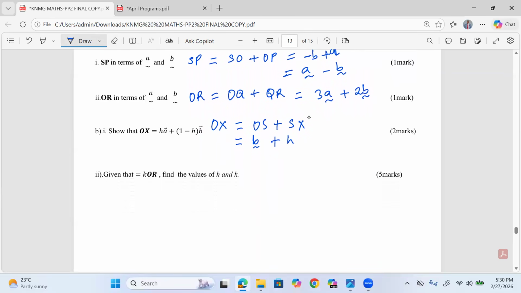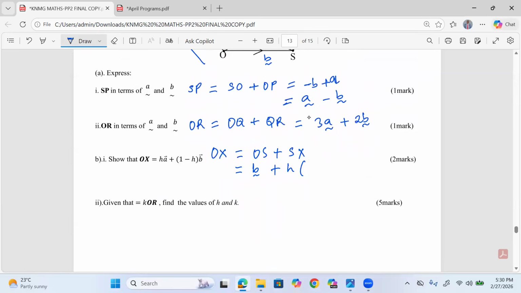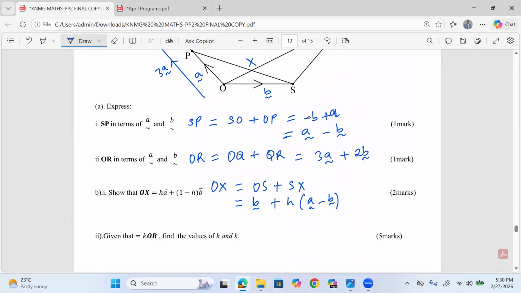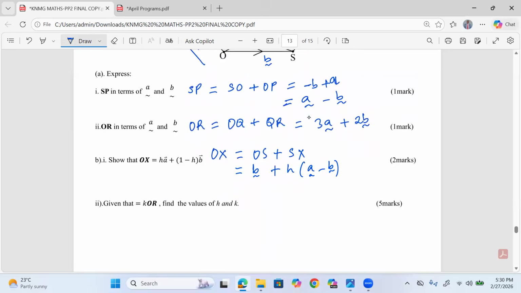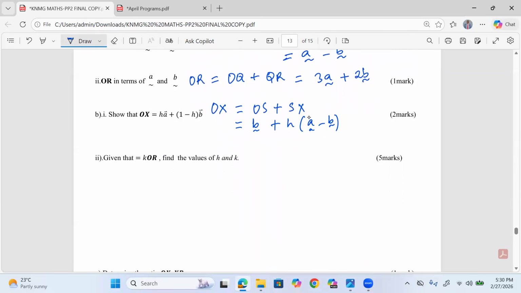H SP, and SP is A minus B. Yeah, instead of SP, A minus B, like that.